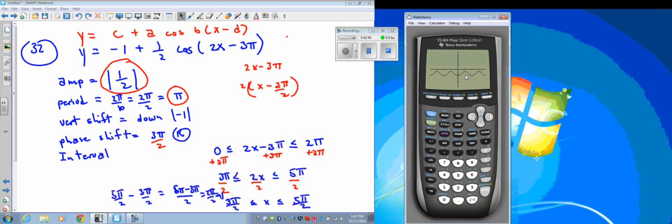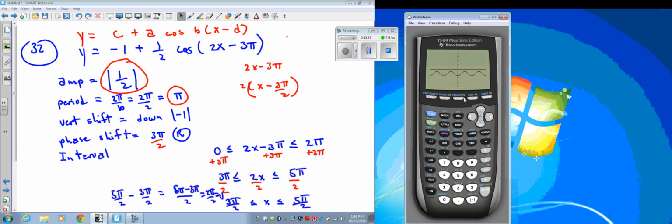It appears to be going up and down 1/2, right? From here it goes up 1/2, and from here it goes down 1/2. Now it's saying that 3 pi over 2 is the beginning of my interval. Well, this is pi over 2, this is pi. It's a regular cosine, not inverted, so it's starting at its maximum right there.